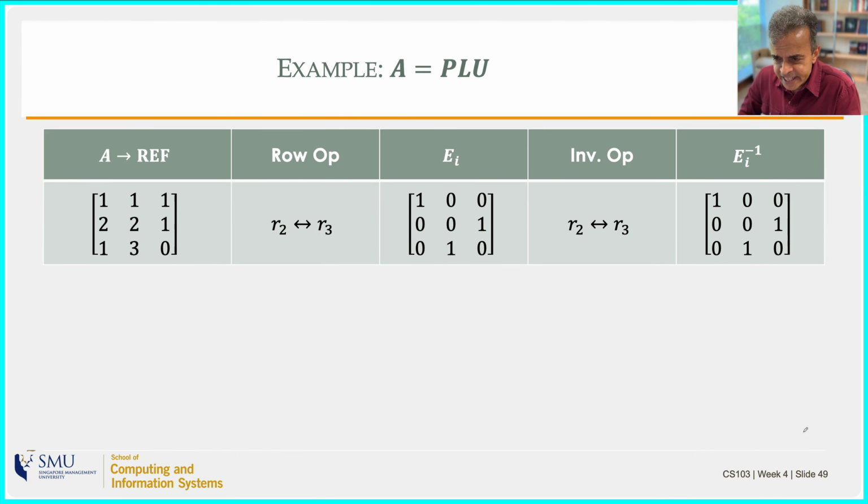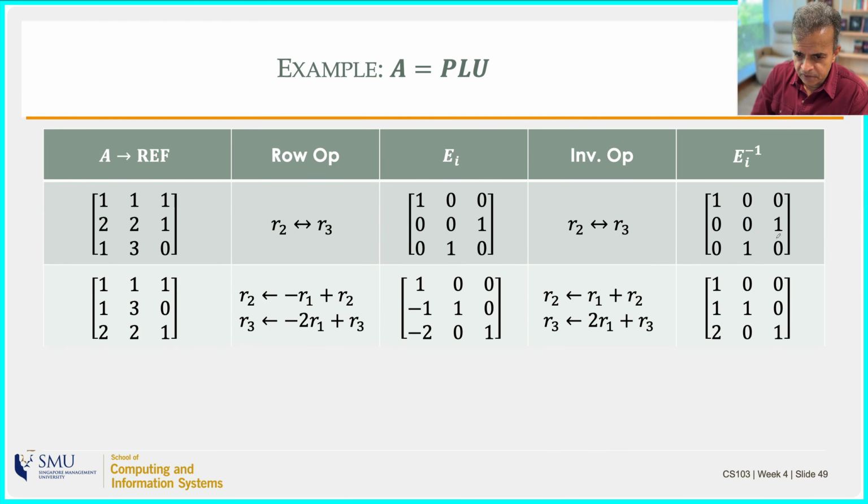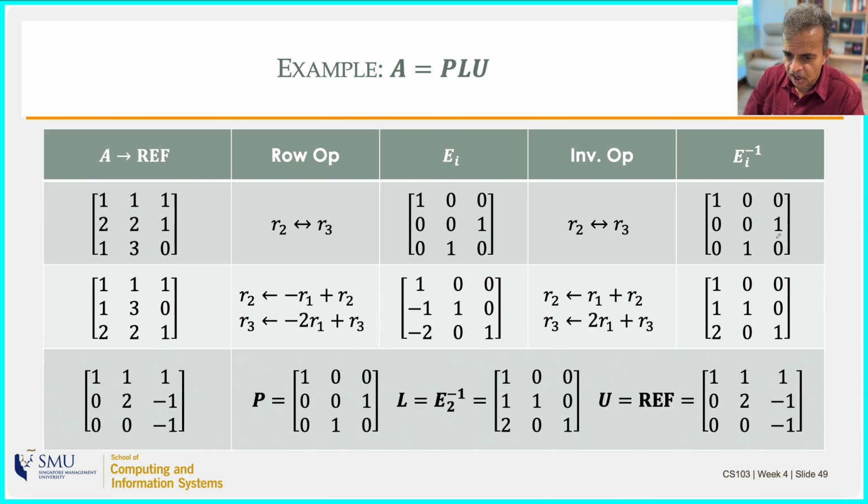Now, one example of PLU decomposition. Suppose you perform the operation R2 and R3 getting swapped. Then, of course, that is the elementary matrix, R2 and R3 getting swapped in the identity matrix, and the inverse is the same. Then you can perform other operations to get to the upper triangular matrix, the REF.